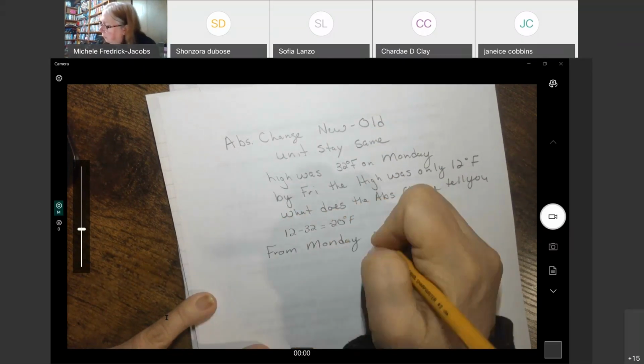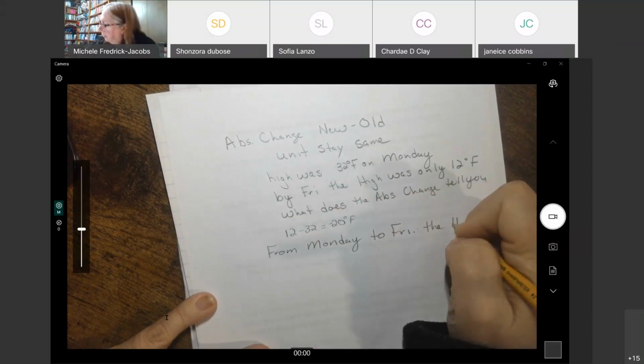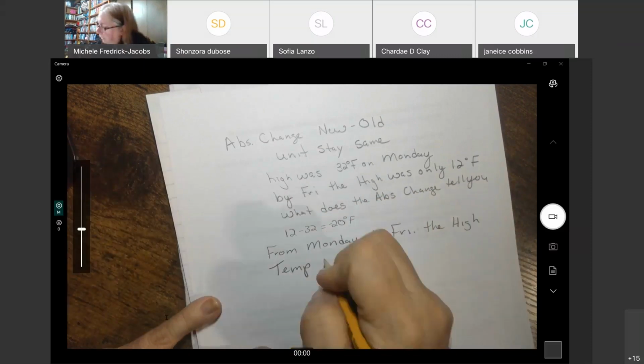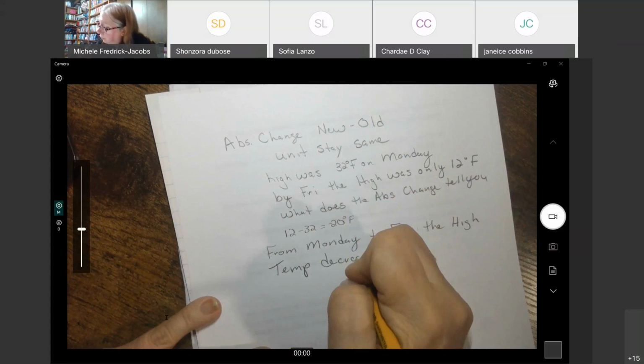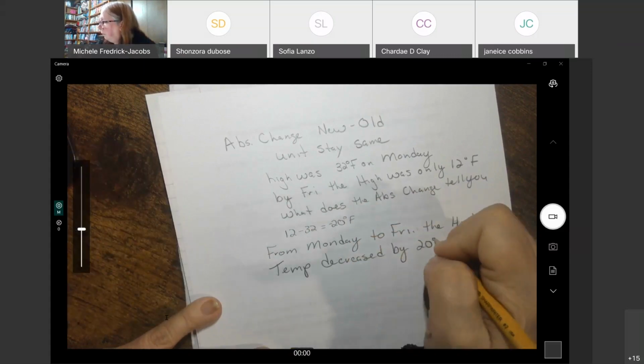Friday's temp decreased by 20 degrees Fahrenheit.